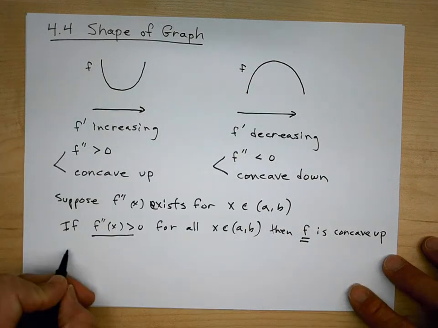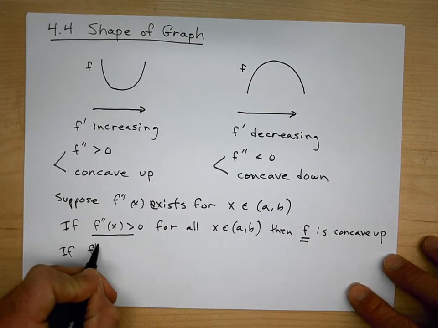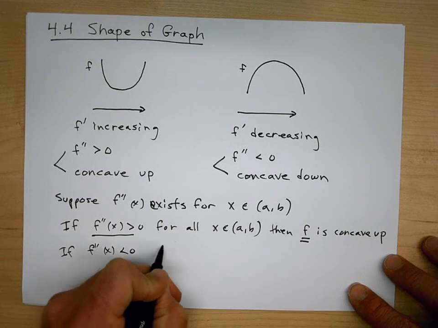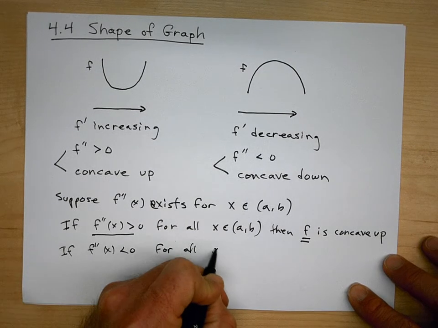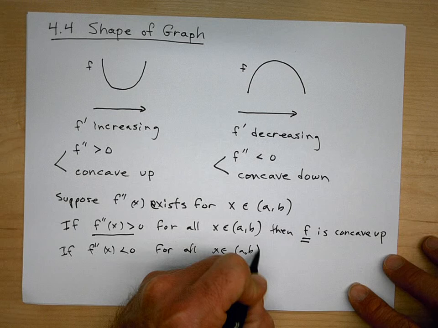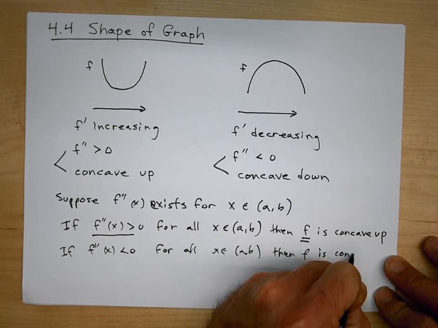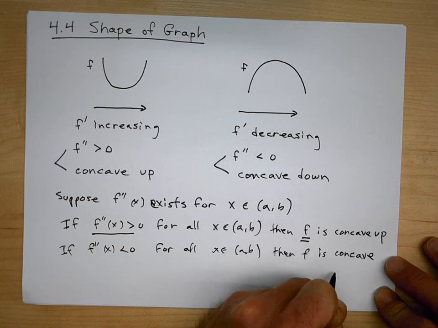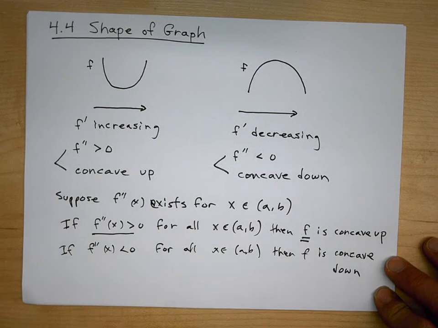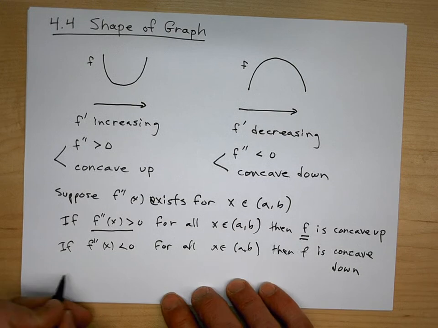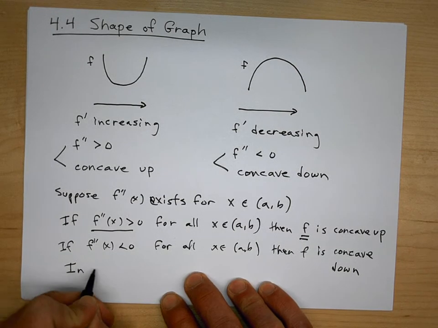So likewise, if the second derivative is negative for all x in a, b, then f is concave down.